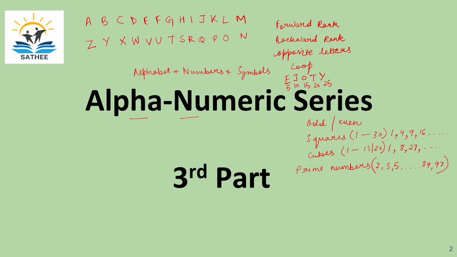A is opposite to Z, B is opposite to Y, C is opposite to X. I told you this up till M is opposite to N, right? Forward rank means that we have assigned them numbers in increasing order. So 1, 2, 3, 4, 5, 6, 7, 8, 9, 10, 11, 12, 13, 14, 15, 16, 17, 18, 19, 20, 21, so on till 26.